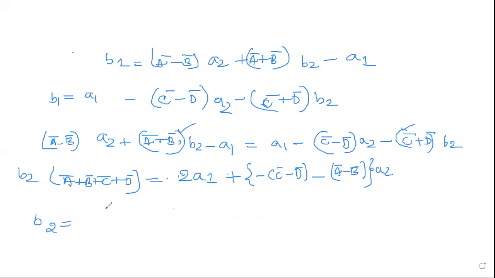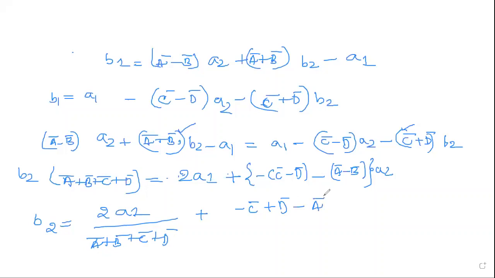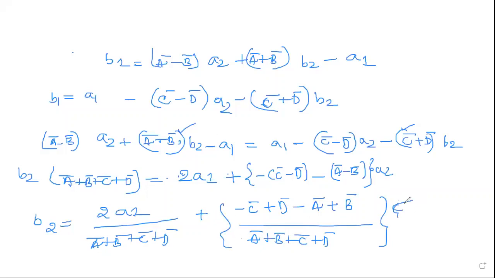B2 is equal to 2 times A1 divided by A bar plus B bar plus C bar plus D bar. Similarly, you simplify this first. It is minus C bar plus D bar minus A bar plus B bar, the whole divided by A bar plus B bar plus C bar plus D bar, which is the equation for A2.